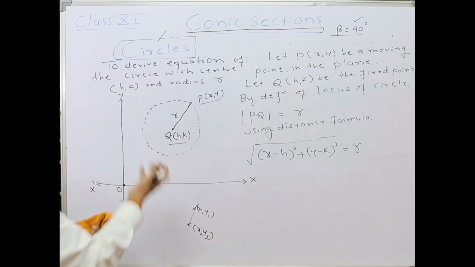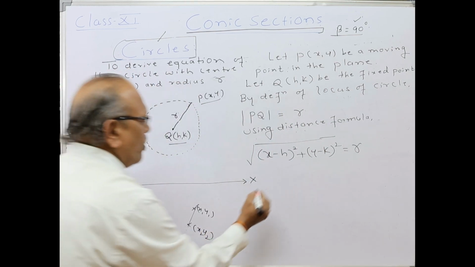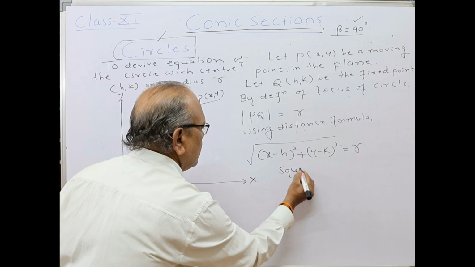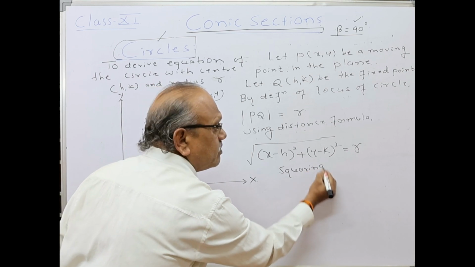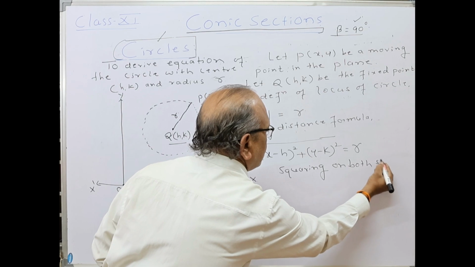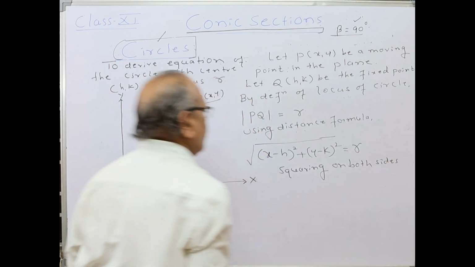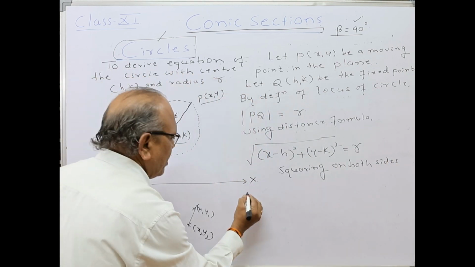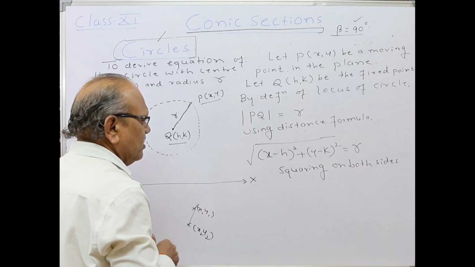Just square it, and the equation is ready. Squaring on both sides, the root is eliminated and you are left with the equation of the circle.